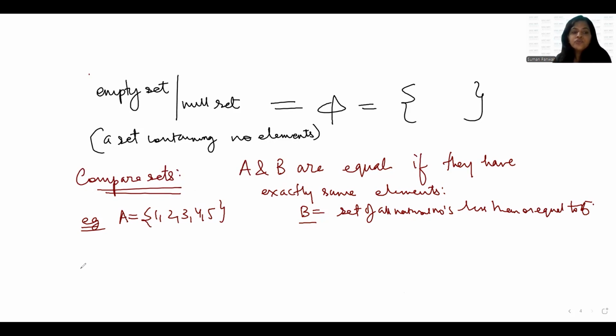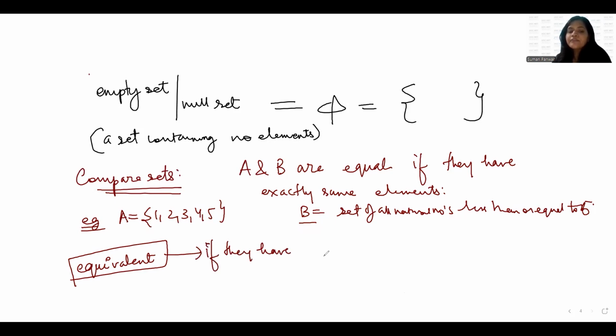Now, two sets are called equivalent if they have the same number of elements.